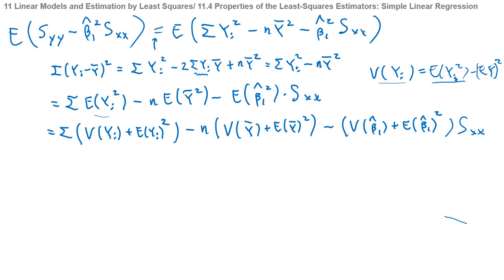Okay, and so this one becomes the sum of the variance of yi, which is sigma square. So this is sigma square plus the expected value of yi square. It is actually beta 0 plus beta 1 xi plus epsilon, and the expected value of epsilon is 0.